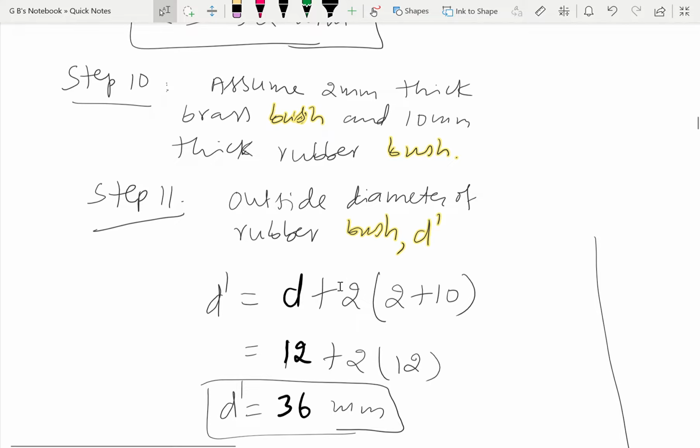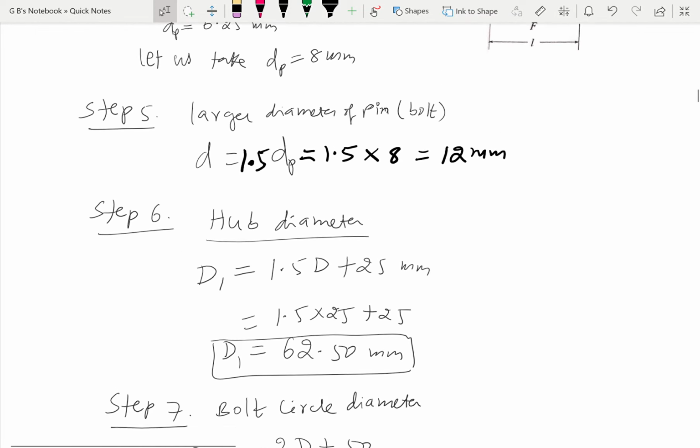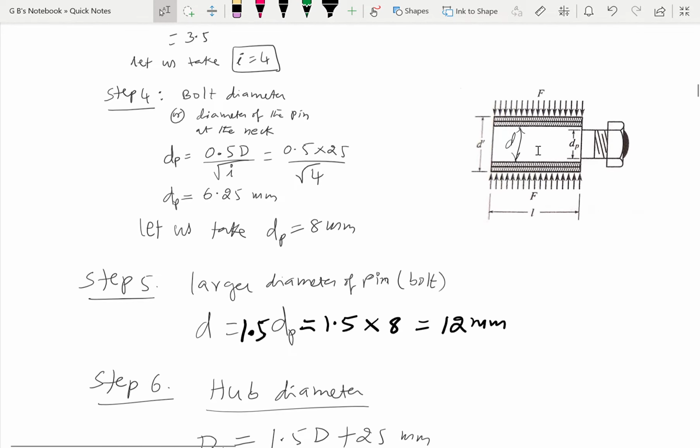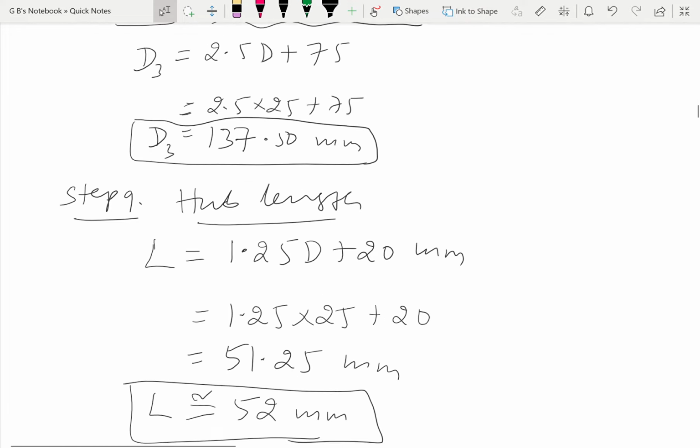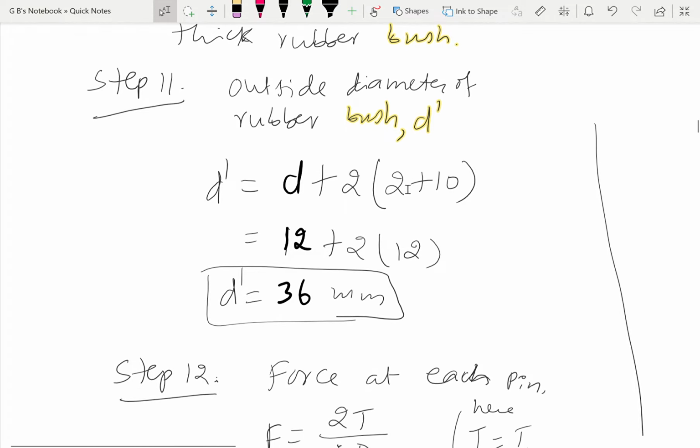So outer diameter D prime is equal to the larger diameter of the pin plus 2 times thickness, this one plus this one, we get D prime. Brass bush thickness plus rubber bush thickness, two sides are there, no? That's why it's multiplied by 2.